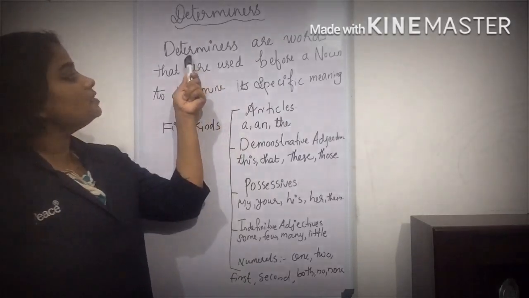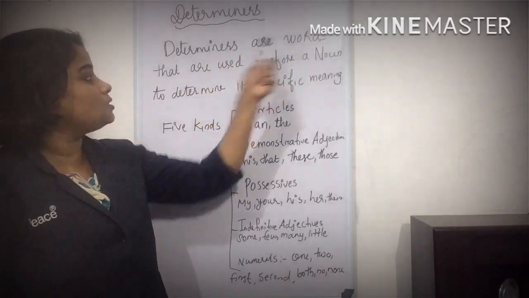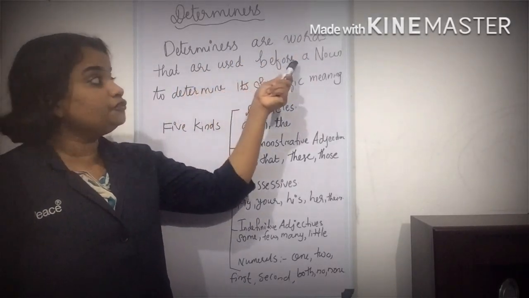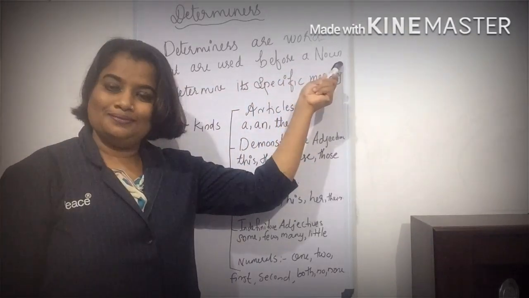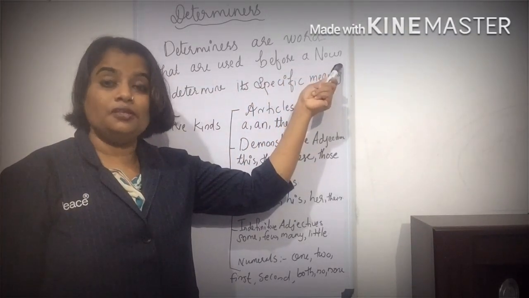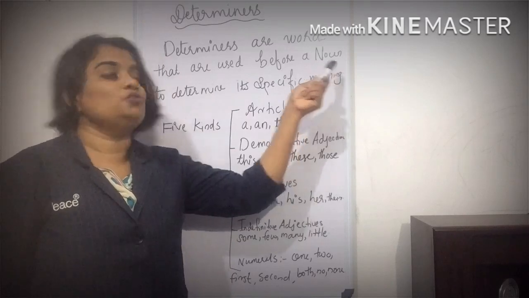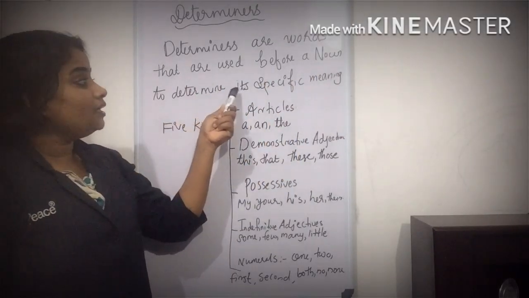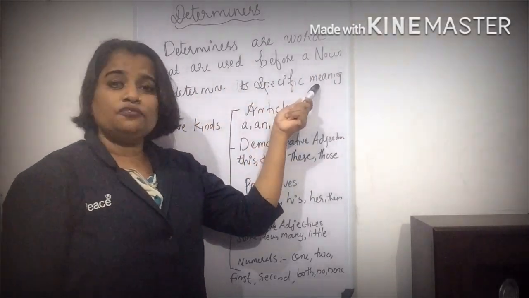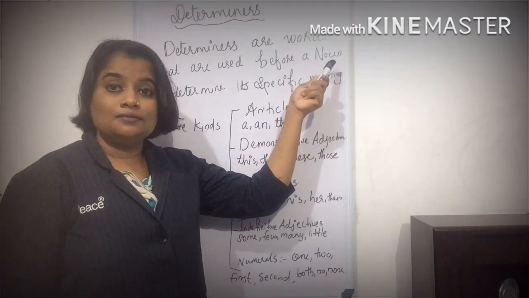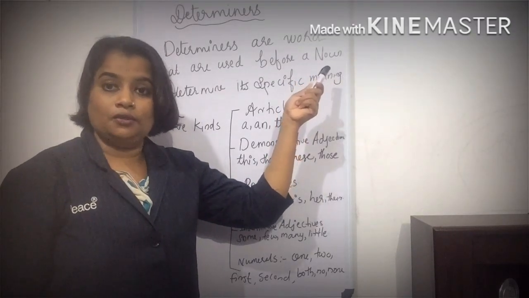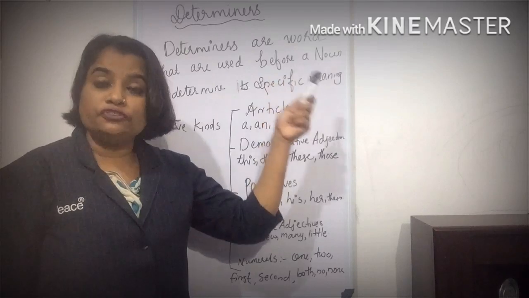Determiners are words that are used before a noun. Determiners you can use only before the noun to determine its specific meaning. If the noun has a specific meaning, you need to add determiners before the noun.